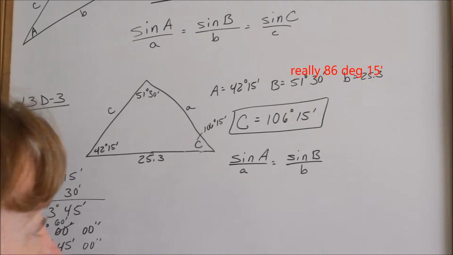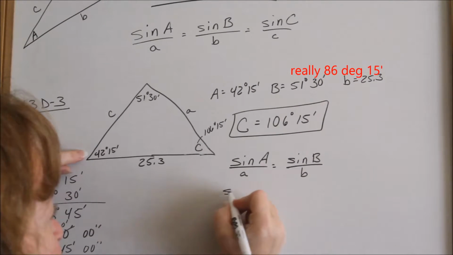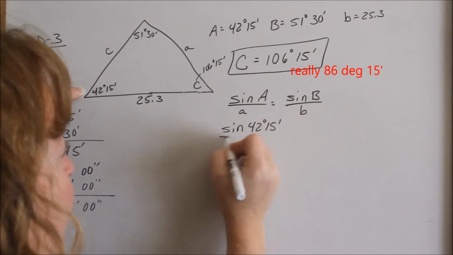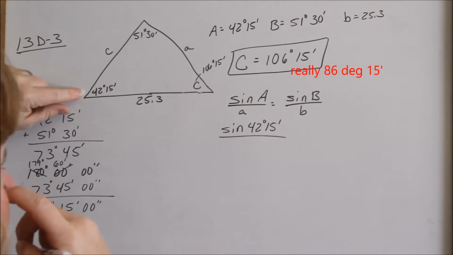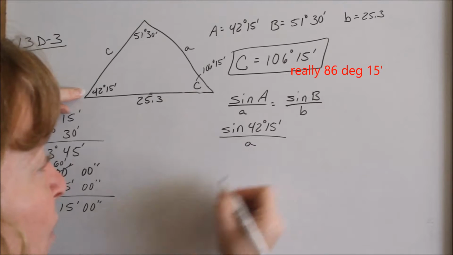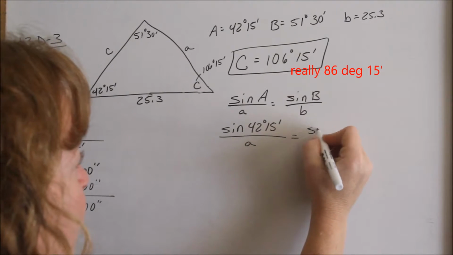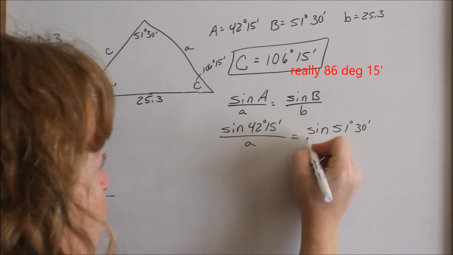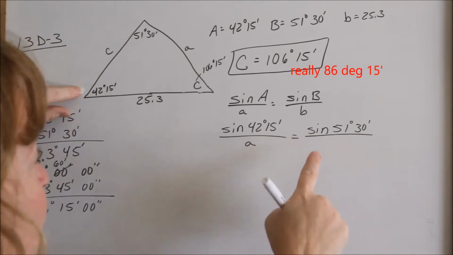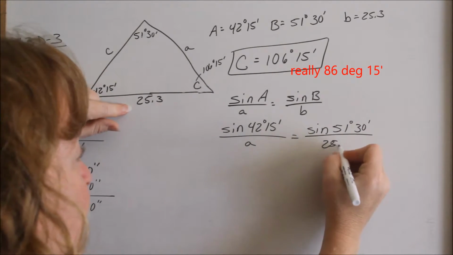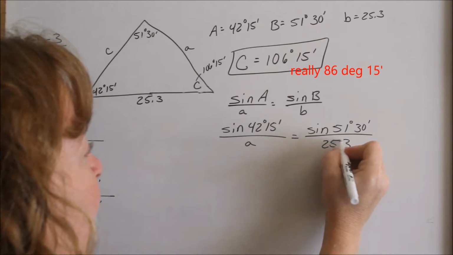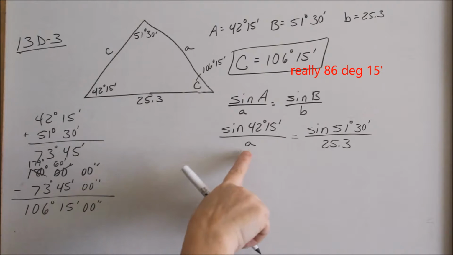So now let's fill in what I know. So sine of A was 42 degrees, 15 minutes, all over, I don't know side A. Okay, so I'll leave that as an unknown. Is equal to sine of B, which was 51 degrees, 30 minutes, all over, I do know side B, which was 25.3. When you set this up, you should only have one unknown, okay?